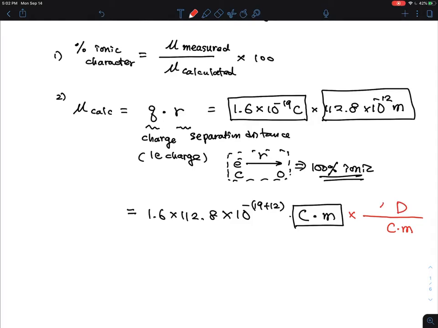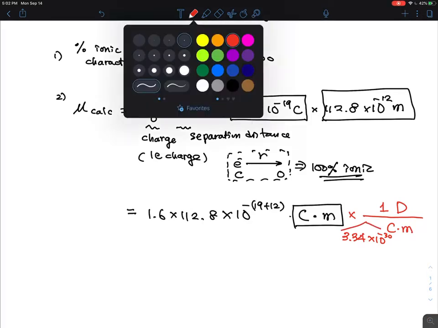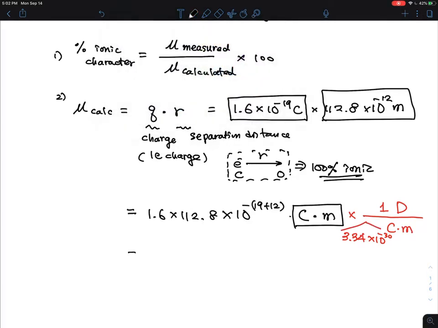And 1 Debye is known as 3.34 times 10 to the minus 30 coulomb meter. Okay, so you want to do that. And when you calculate those numbers, now coulomb meters and the Debye come in, and that will give you 5.40 Debye.